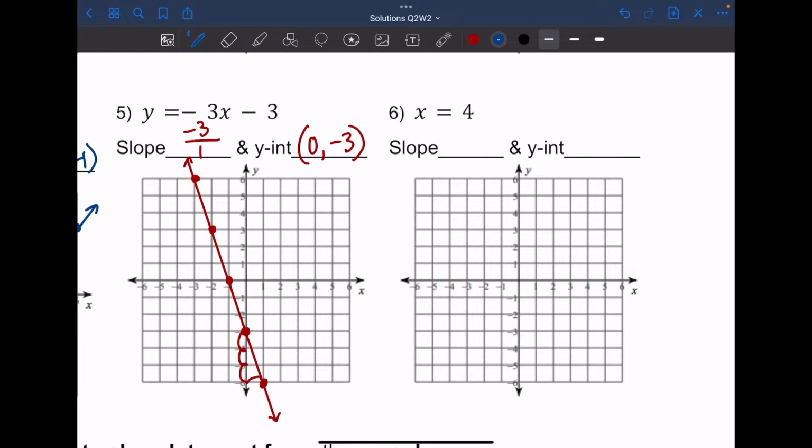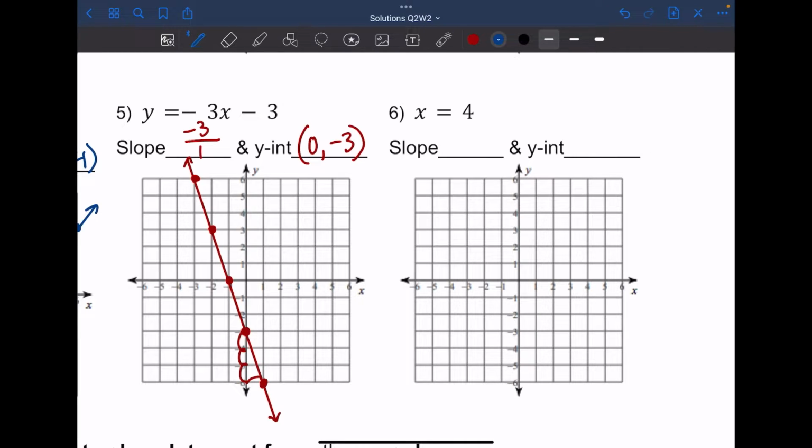Now, I don't see a coefficient on that x, and I also don't think that this is in slope-intercept form, because slope-intercept form would be y equals mx plus b. So let's just try to graph something where x is equal to 4.